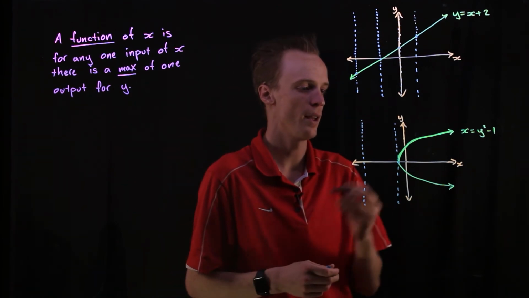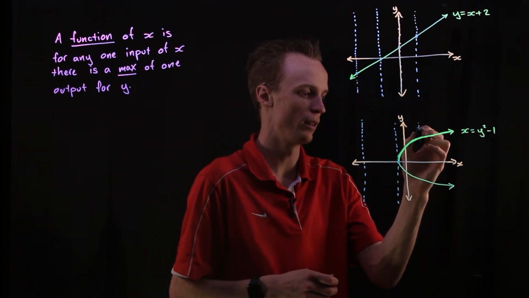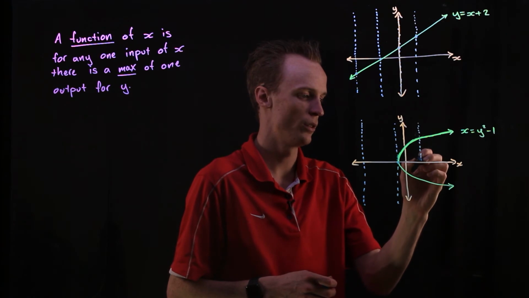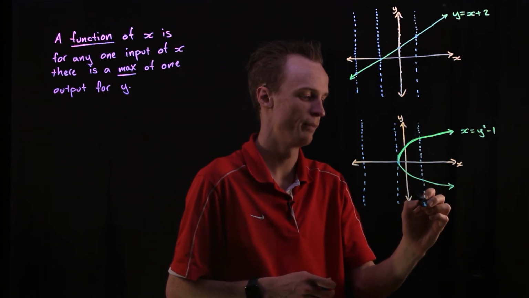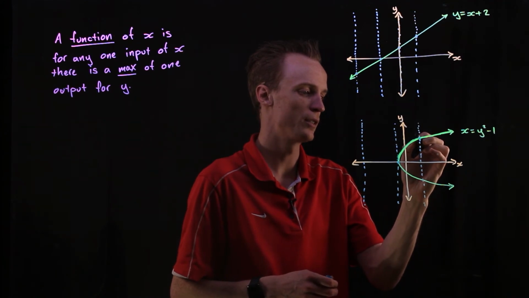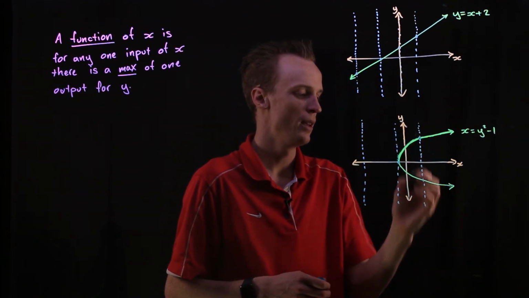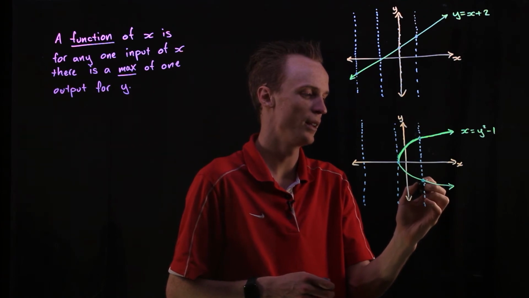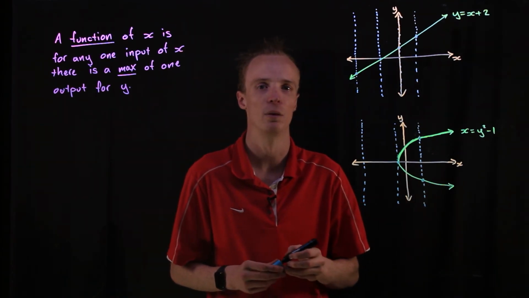But what if I put x as positive 5 in? So something over here. Well, what you can see is it's got an intercept here, a y output that's here, and it's got a second one down here. So it's got a second y output.